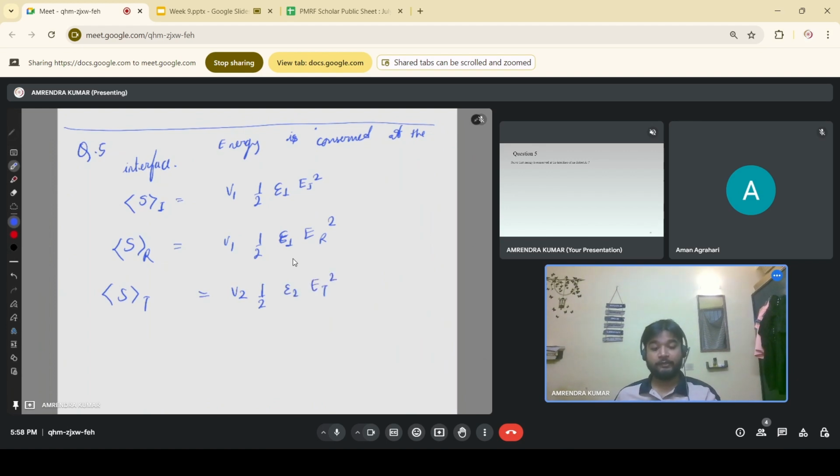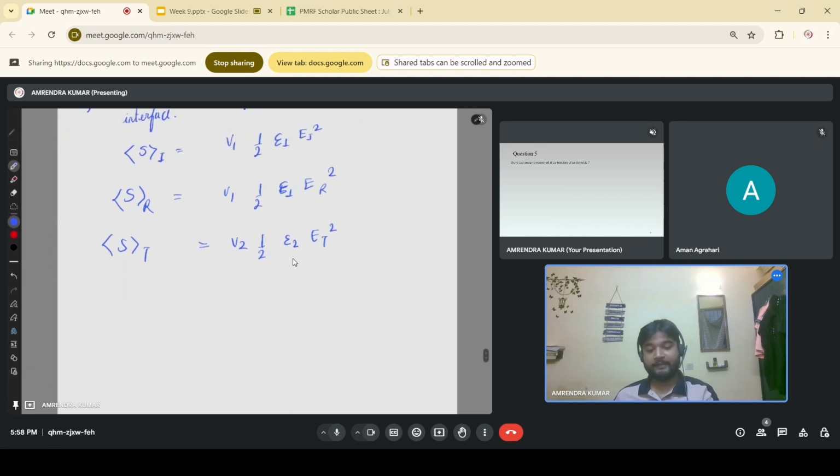Now what you can do, you sum these things up, and we can check whether they are equal to this or not. If they are equal, that means whatever we are sending, whatever is being reflected, whatever is being transmitted, they are in agreement. And that will show that this is the incident energy, this is the reflected energy, this is the transmitted energy. These two sum will give you this, and that means that energy is conserved.